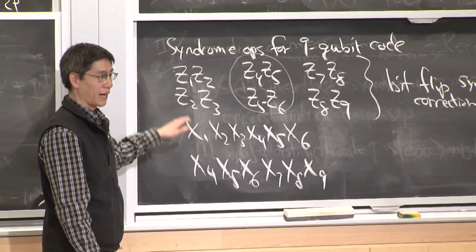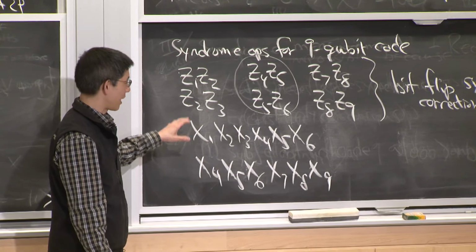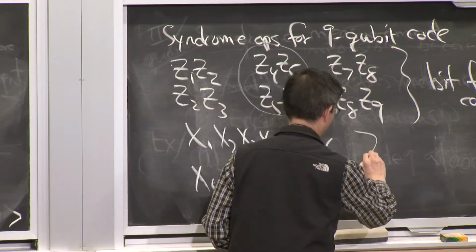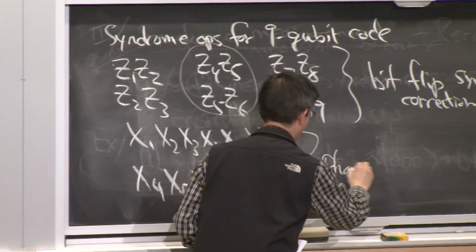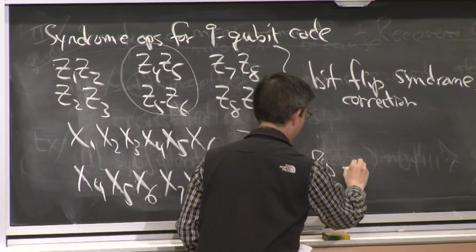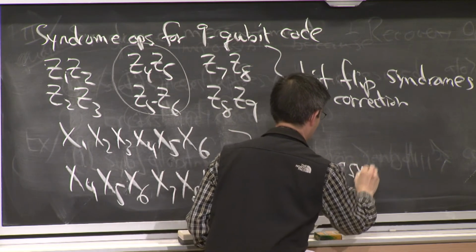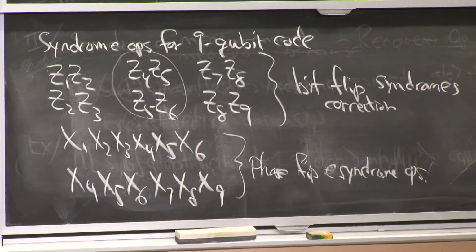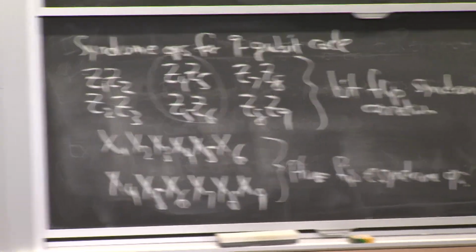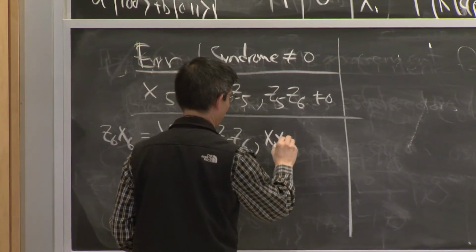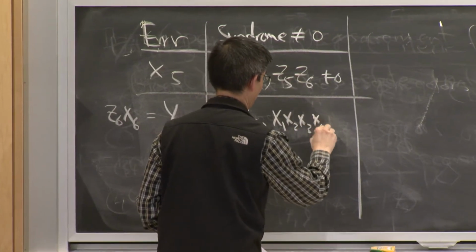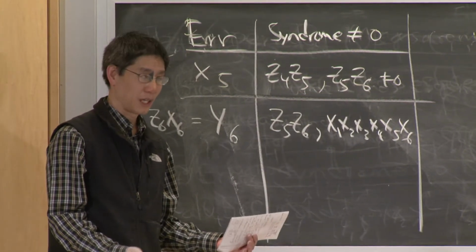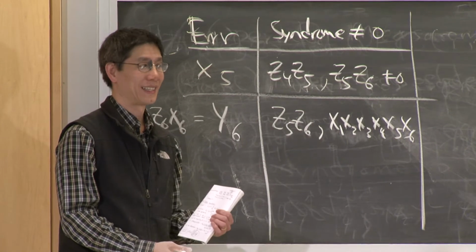On the other hand, the Z6 is going to commute with all of these. Remember, these two are the phase flip error syndrome. And so the Z6 is going to trigger the X1, X2, X3, X4, X5, X6 operator, and that's going to be equal to 1 when you do the measurement.